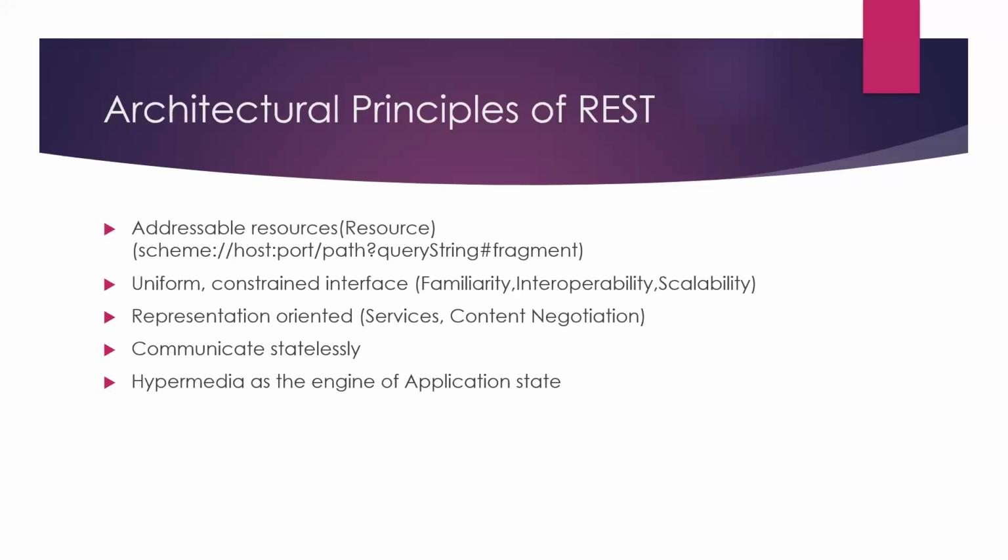And the fifth is the most important part, hypermedia as the engine of application state. We are using URIs to expose our resources. But when you are sending a response, it should have all the possible URIs that will ease the access of resources, like next and previous.